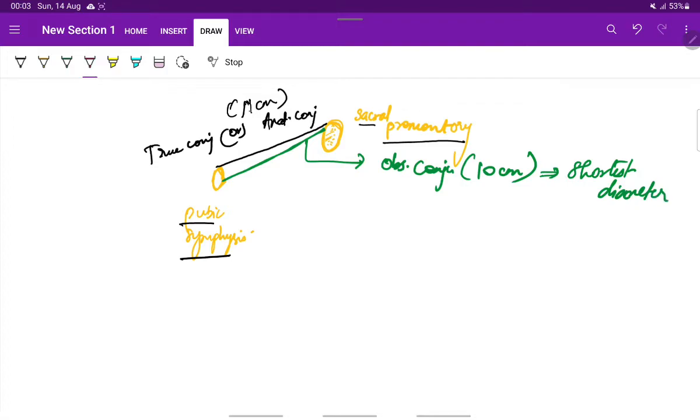Next will be the diagonal conjugate, which is the distance from the sacral promontory to the apex of the pubic arch.